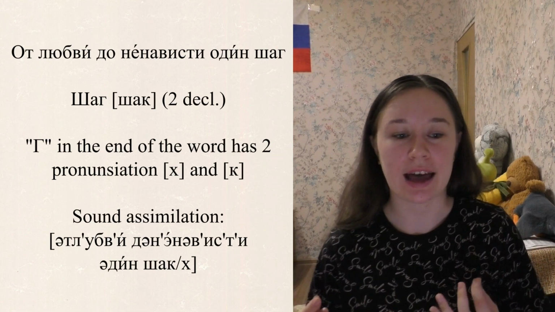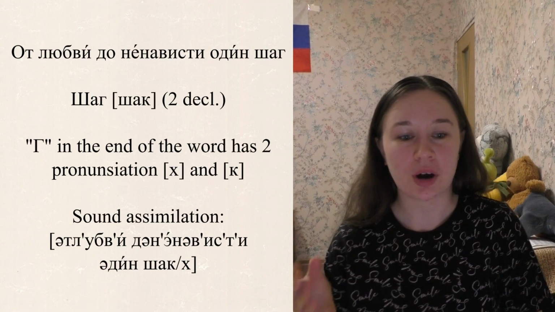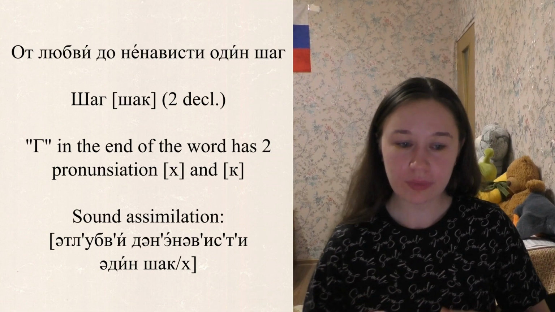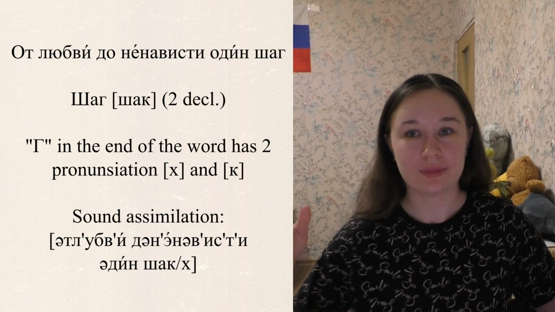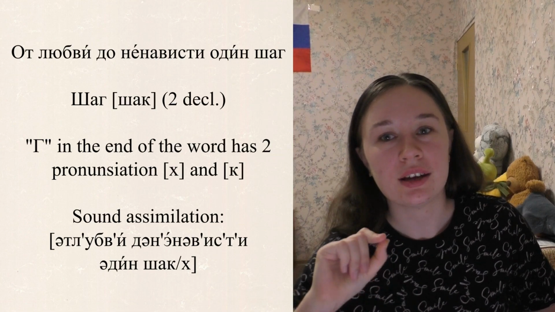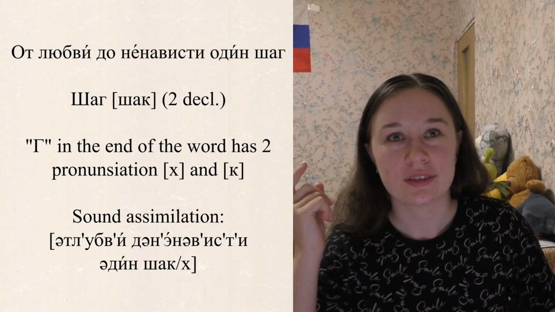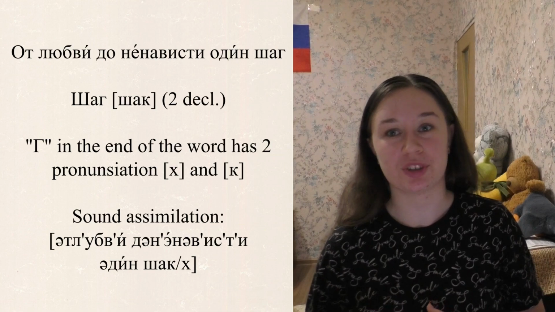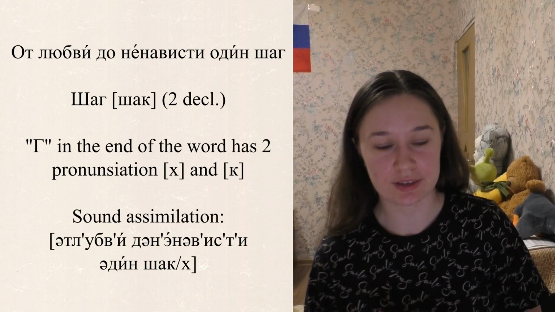It sounds like: from love to hate, one step. So, in Russian, от любви до ненависти. Here we use genitive case in both words, because the prepositions от and до belong to the genitive case.